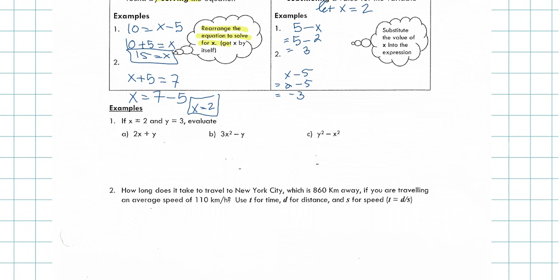So how would I write this? 2 times 2 plus 3. Okay, but math says I have to do the 2 times 2 first. So that is 4 plus 3. So that's 7.